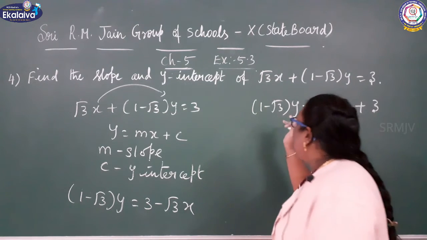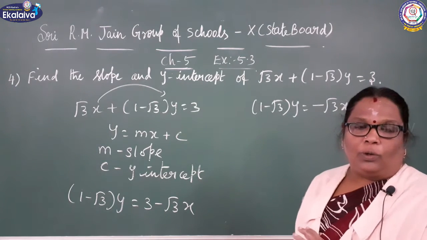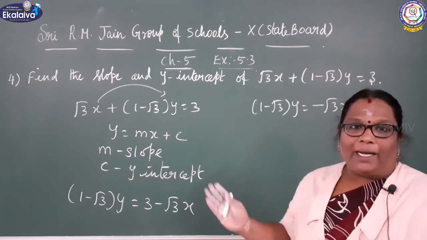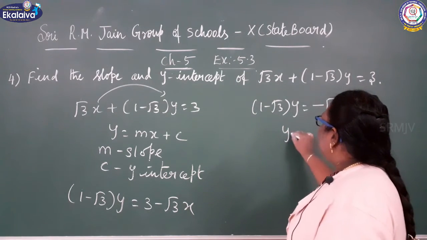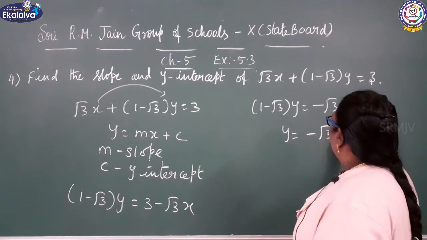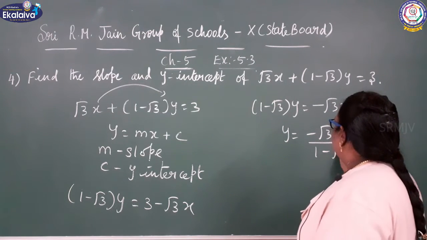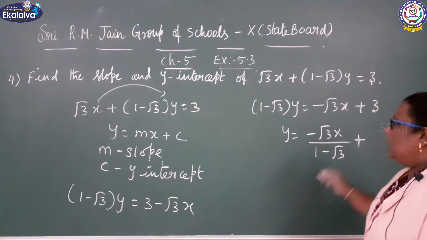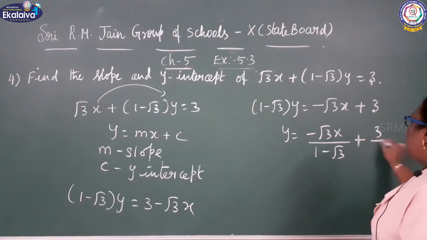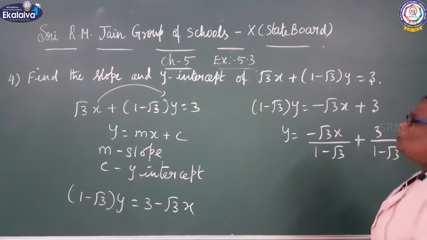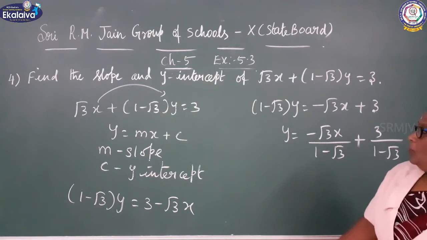But it should be in y form, y equal to. So coefficient is there, you can divide by the coefficient. So y equal to minus root 3 x by 1 minus root 3 plus 3 by 1 minus root 3.